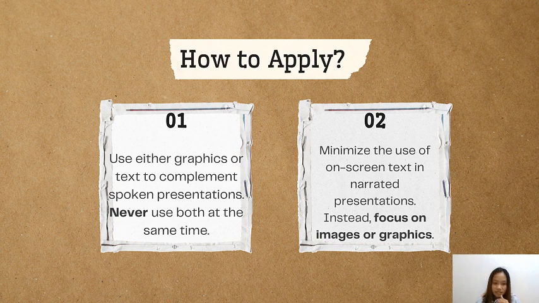This principle suggests that we could go away from that typical way of doing presentations. We could use graphics or images instead of text, and then we could narrate, with a narration accompanying the graphics on the screen.